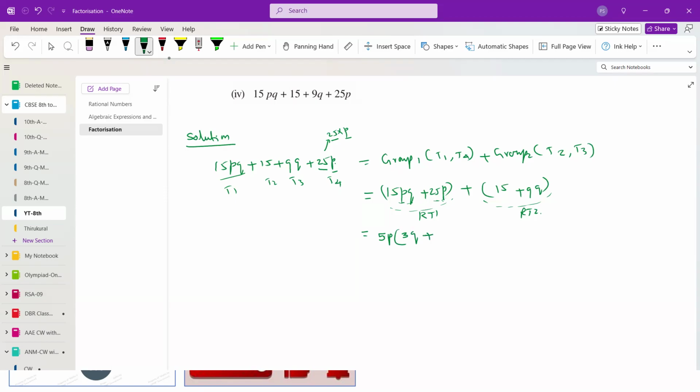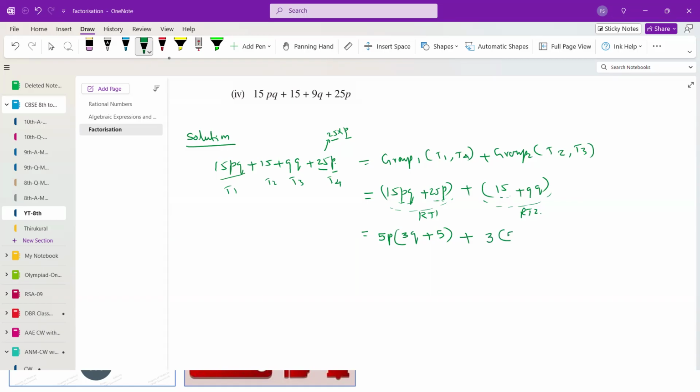Between 15 and 9 there are only number terms we can compare, because 15 has no variable like p or q. We take out the number common between 15 and 9. Will 2 come? No. Will 3 come? Yes. More than 3, there is nothing common.